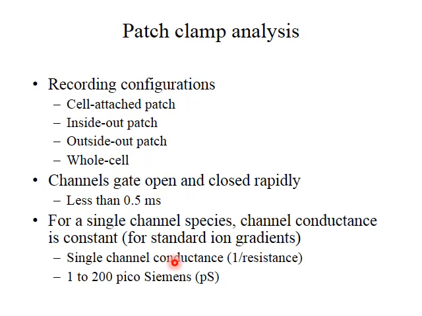Conductance is expressed in units of Siemens. Typically, different types of ion channels will have a conductance in the picosiemen range. That's 10 to the minus 12th Siemens. Different channels can have a conductance ranging from 1 to 200 picosiemens.